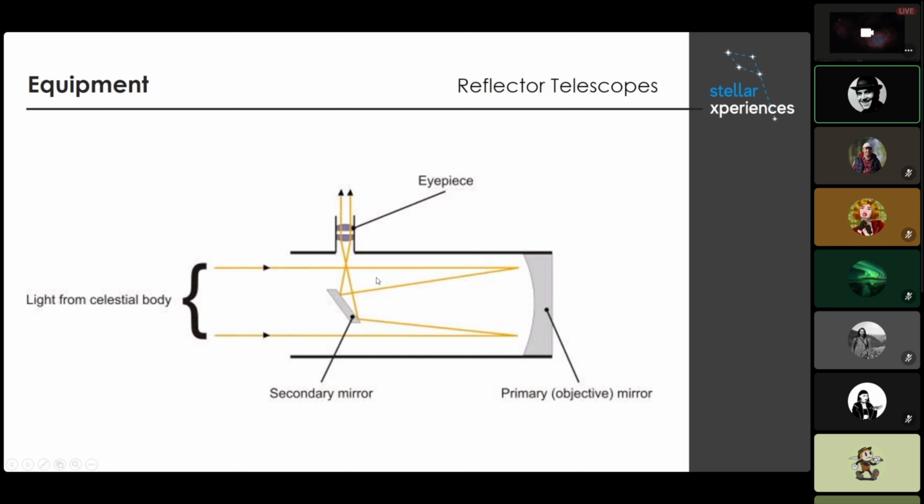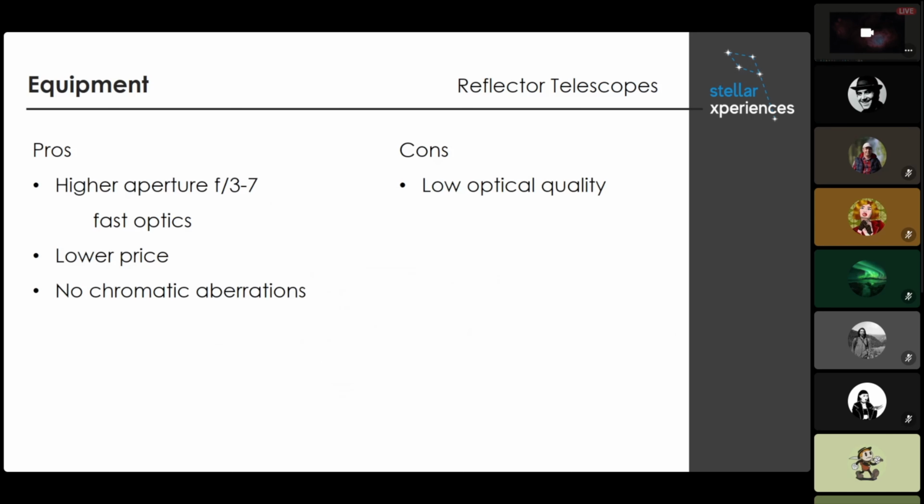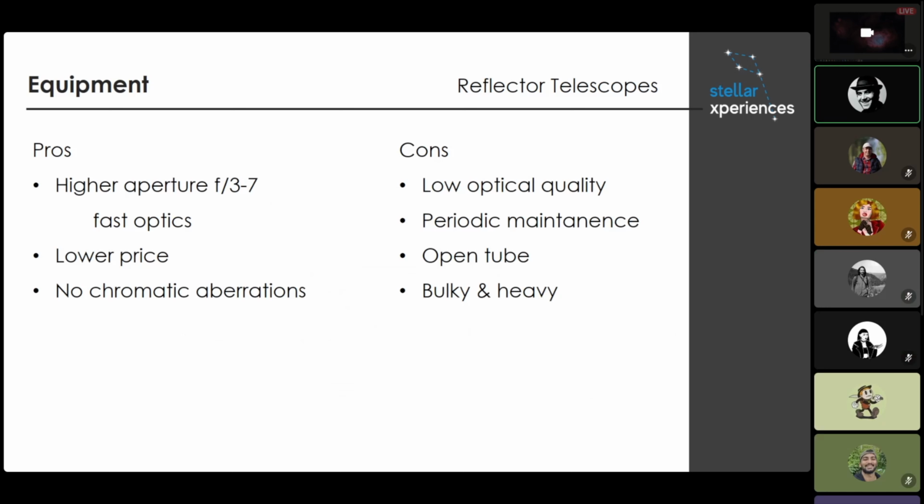For instance, I have friends whose telescopes had spiders go inside and live there. So it can be a little tricky to clean those things because they are open tube systems. And they are bulky and heavy, so it is not easy to store or carry.